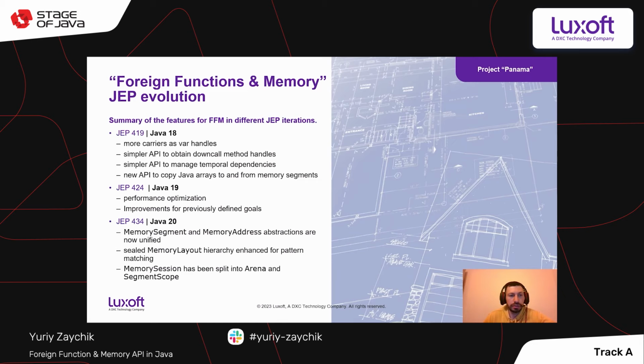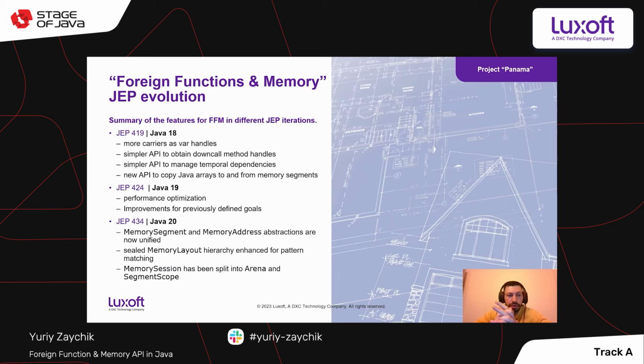Then in Java 18, more carriers as var handles appeared, a simpler API for downcall method handles, and the management of temporal dependencies was also simplified. Also, a new API to copy Java arrays to and from memory segments was introduced.